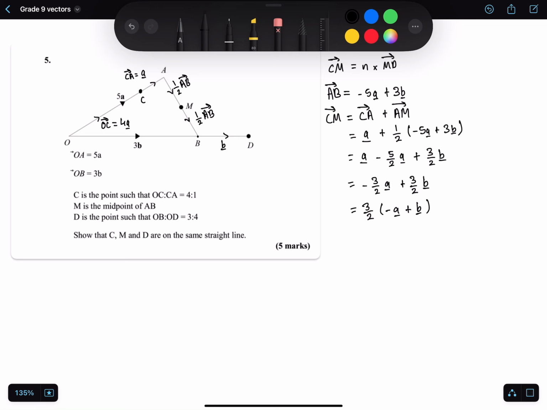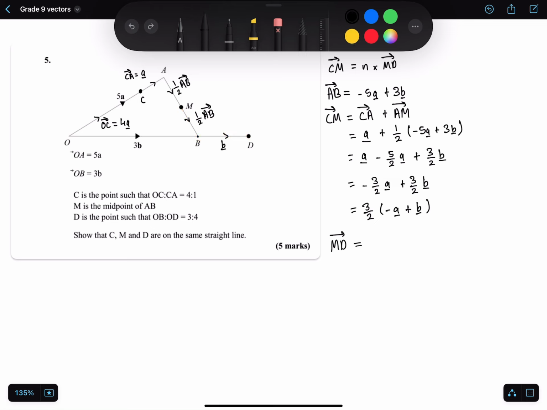Now, we want to get the vector for MD. Now, MD equals, essentially you want to go from down this pathway and down this pathway.